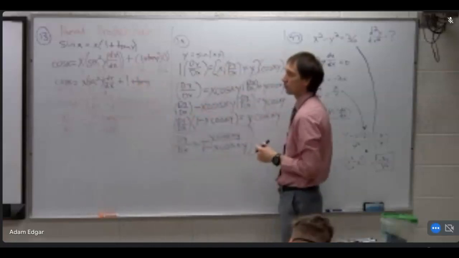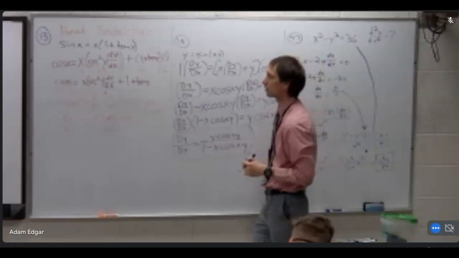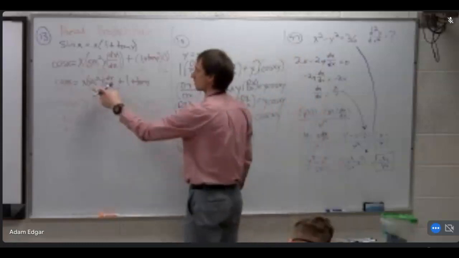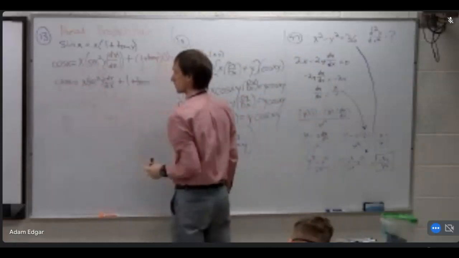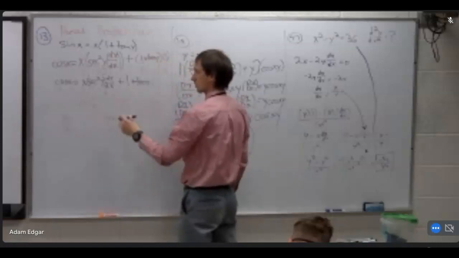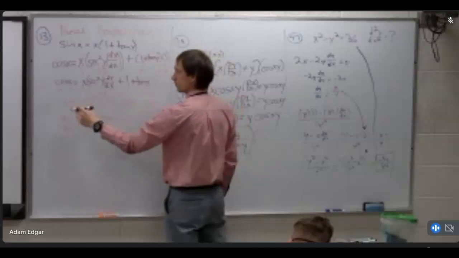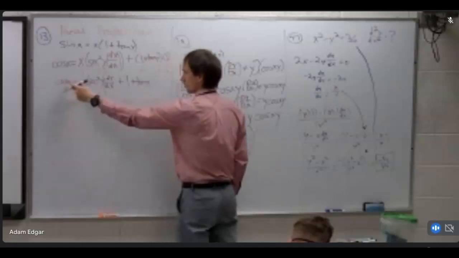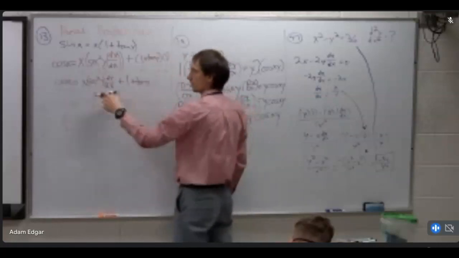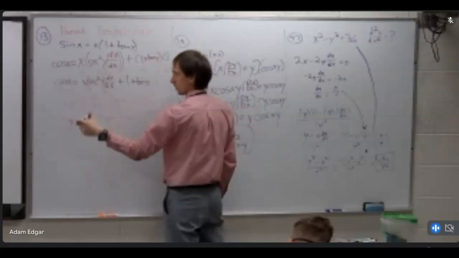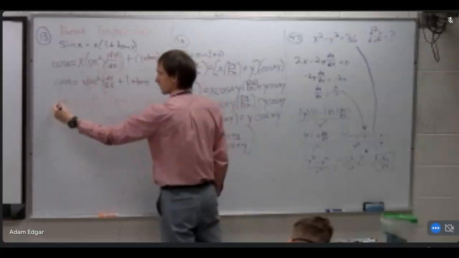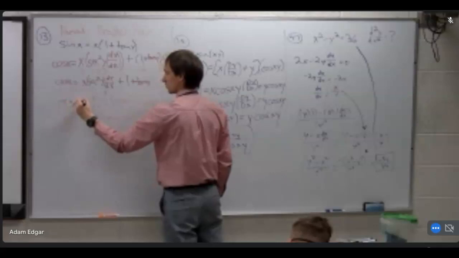Then what do you do? All right, so before you divide it, you also subtract the cosine x over here. So you picked up the whole dy/dx term, moved it over here, and made it negative. So that's negative x secant squared y dy/dx.